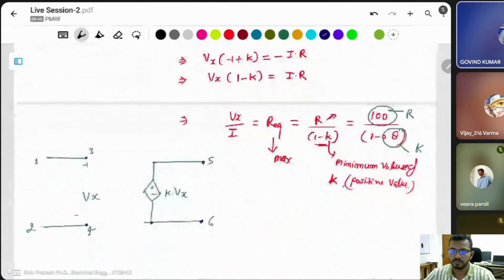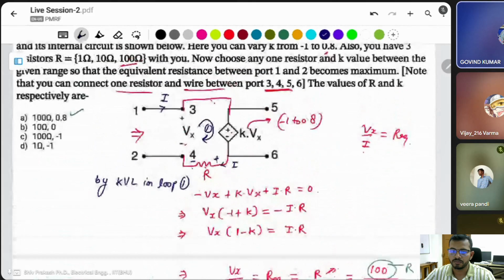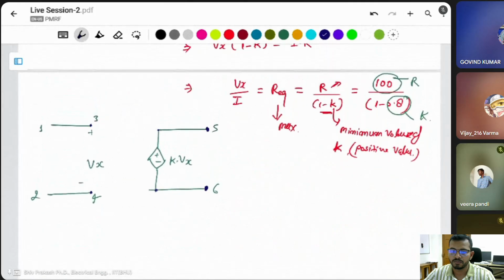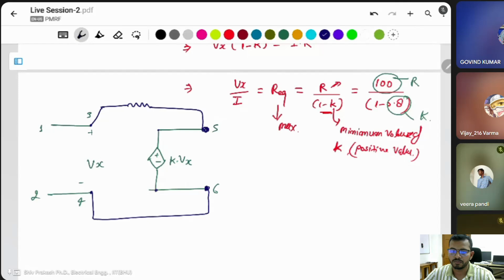Basically, the question says that you can connect one resistor and one wire between port 3, 4, 5, 6. Anywhere you can connect a single wire and a resistor. So 3 and then 4. If you want to connect a resistor here and you want to connect a wire here, you can do it this way also.